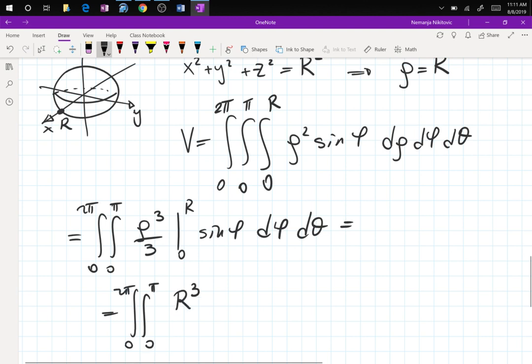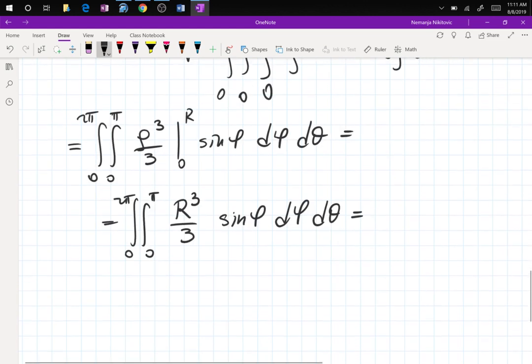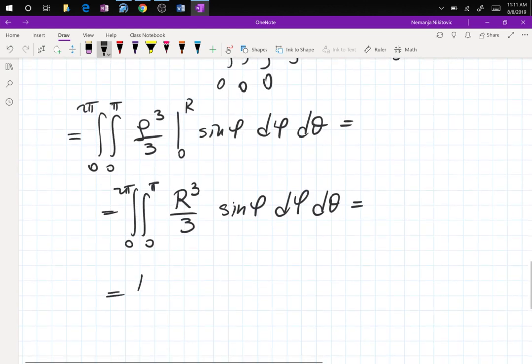It will give us R cubed over 3 sine phi, d theta. Now this R cubed over 3 is a constant. You can kick that outside because those are all numbers. Remember, R could be 5 if you want to. You kick that outside and you integrate sine phi, which will give you negative cosine phi, computed from 0 to pi.